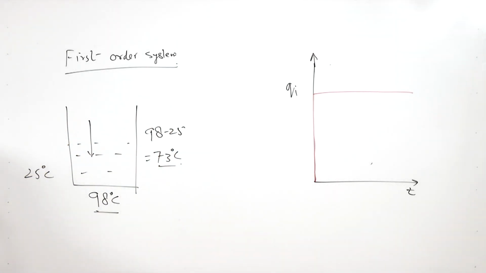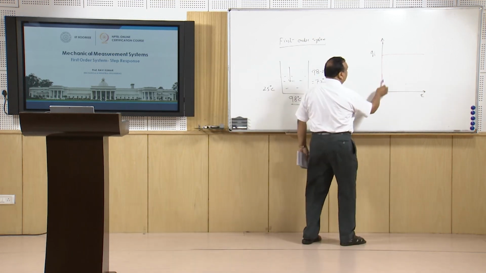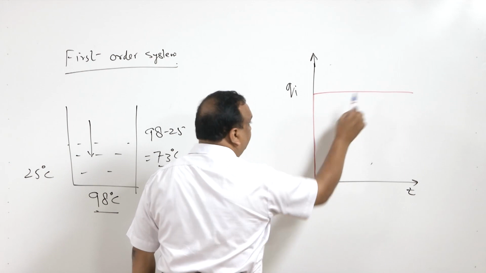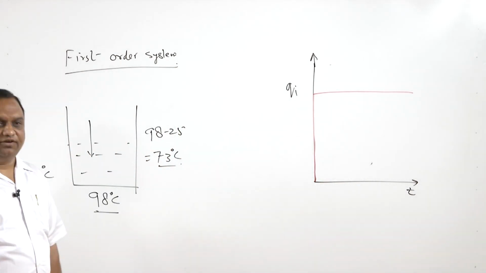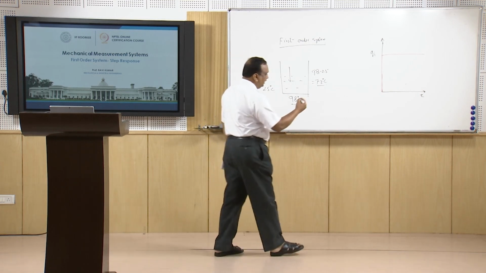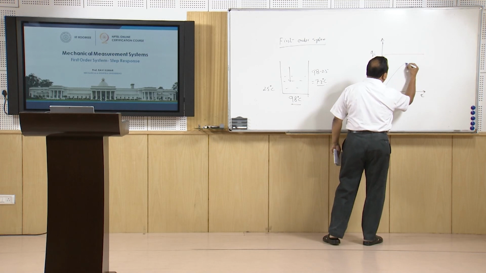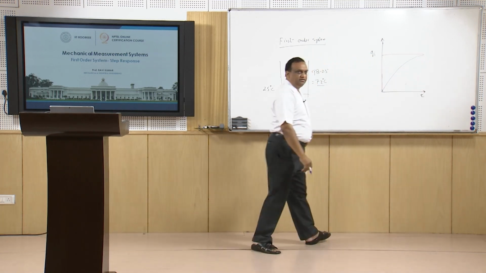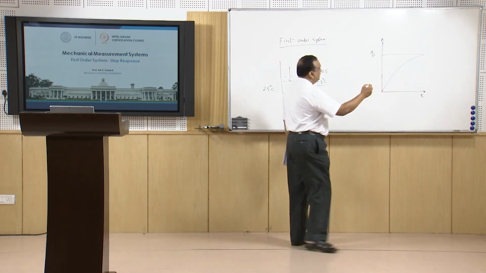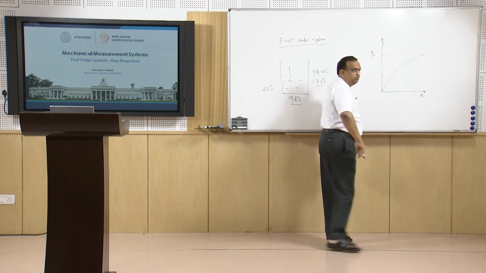Now the response of the thermometer or the voltmeter, in the ideal case, has to be like this. It should follow the input curve. But due to the inertia of the instrument and due to many other reasons, the output of the first order instrument goes like this. And after a certain period, it becomes very close to the input.